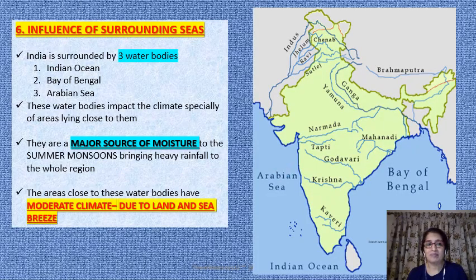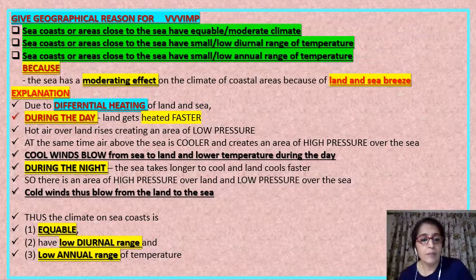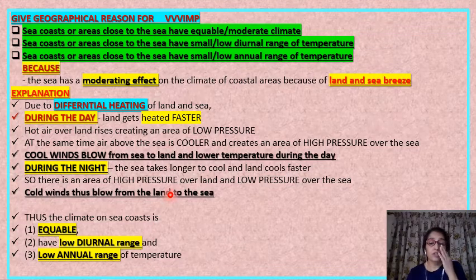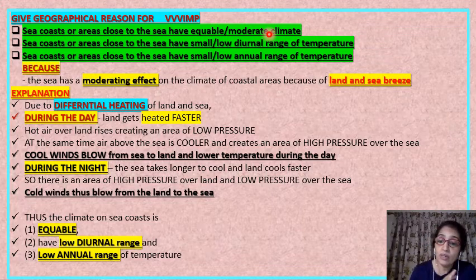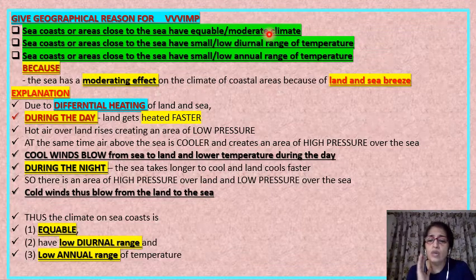Okay. So this is a slide that takes into consideration a geographical reason for why sea coasts or areas close to the sea have an equable, moderate climate. Why? They are neither too hot, nor too cold. You should know, if equable climate is being asked to be explained, it has to do with sea breeze and land breeze.